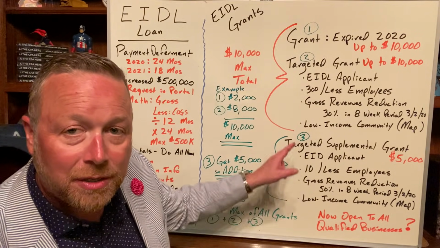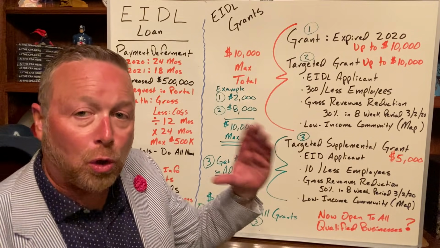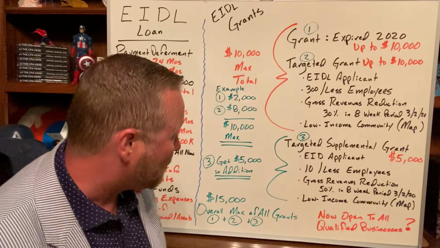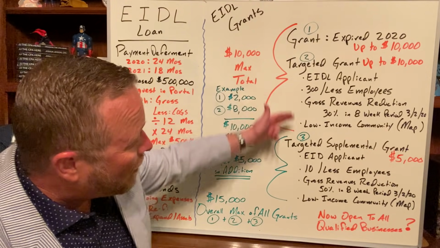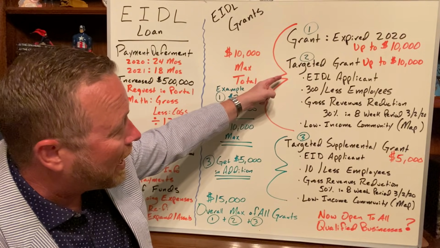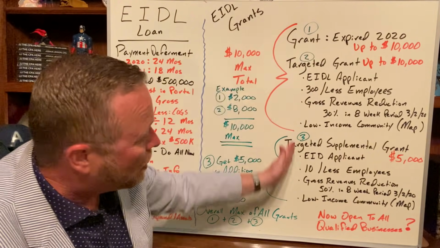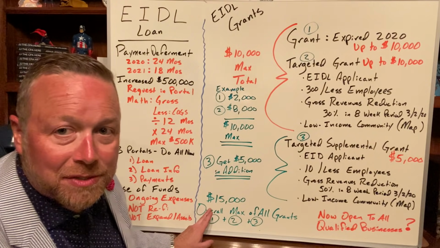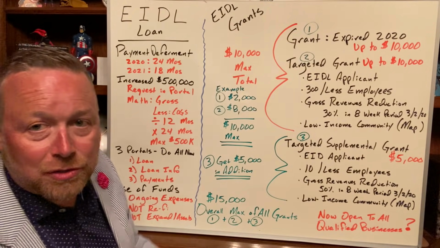Obviously different criteria, as in a smaller pool that's going to qualify for that. But the thing to note is that there are 3 grants. One of them expired in 2020. Then we have the targeted grant, and then we have the targeted supplemental grant. All 3 of those grants added together, the max that you're going to get is $15,000 of any and all of these grants.